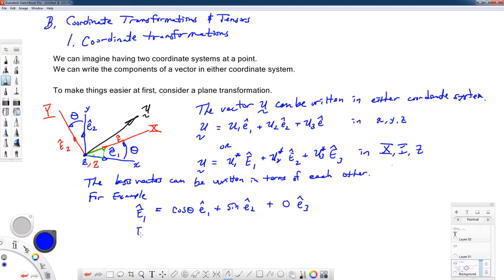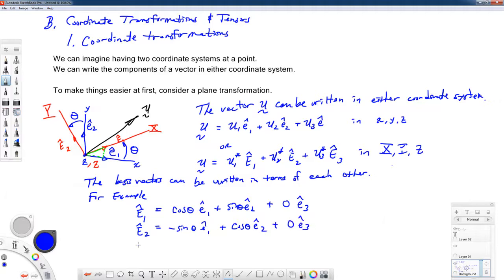Right? And in a similar way, if we want to define capital E hat 2, well, we would first go up the y-axis, and then we would go this way in the negative x direction. So we would have a minus sine theta e hat 1 plus cosine theta e hat 2, and then a 0 e hat 3.